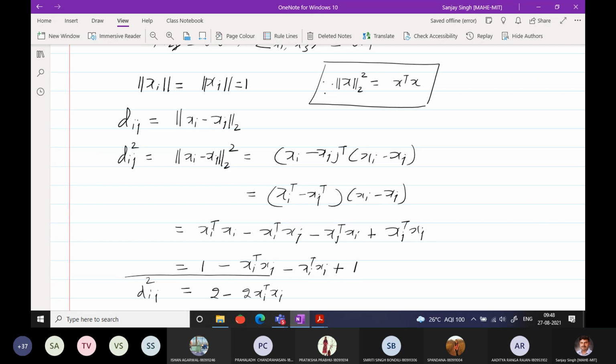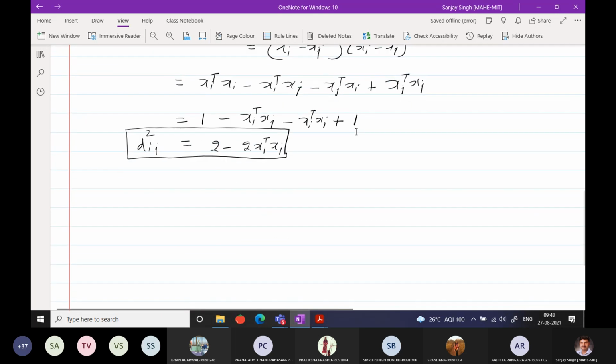So I can state one statement here. For dij to be minimal, what should happen to this one? This we call the inner product.